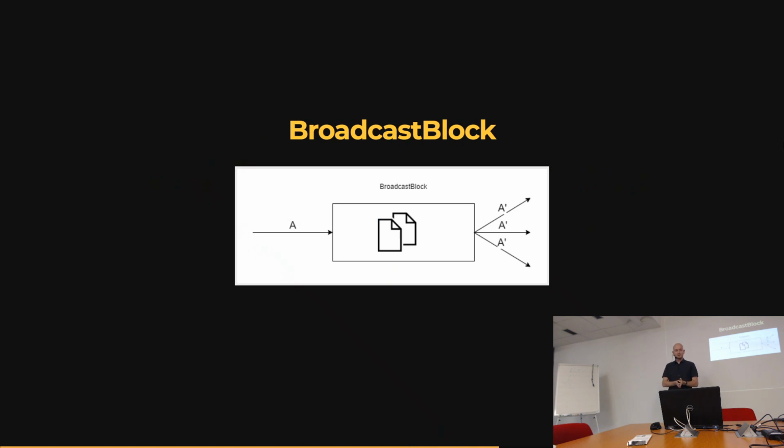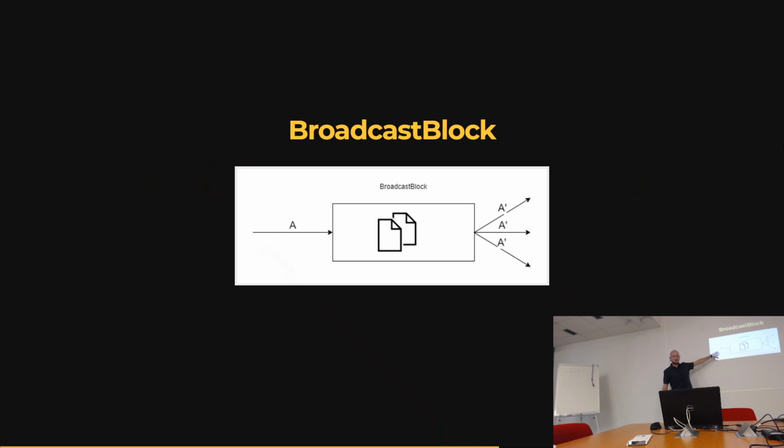So if you have a value and you want it to be processed in several different ways, in different blocks, then you will use this broadcast block. You might notice that its output is not A, but A with an apostrophe.